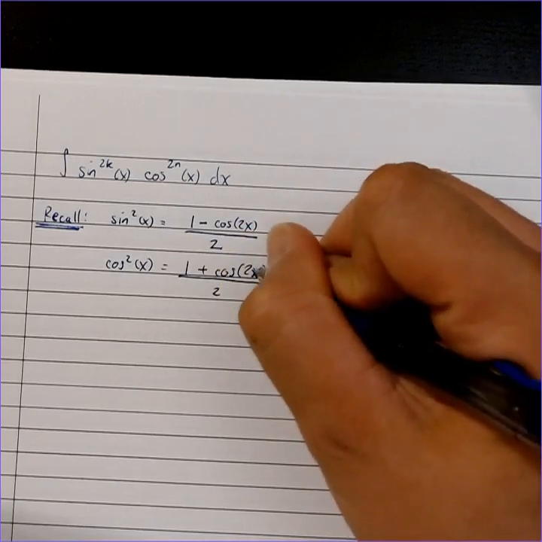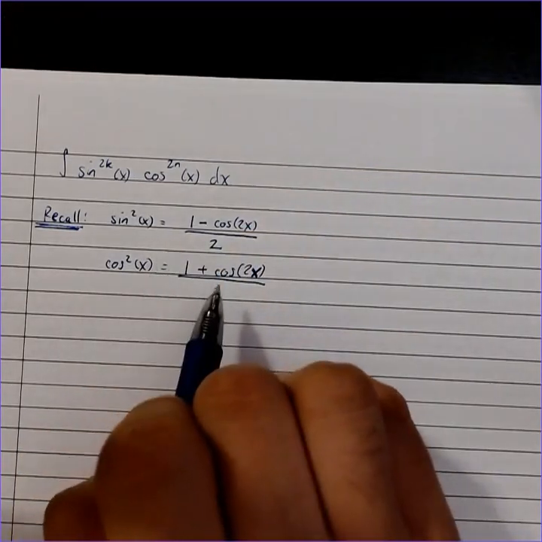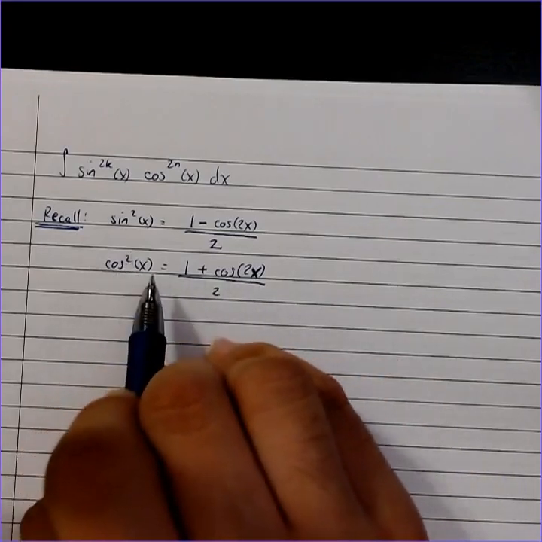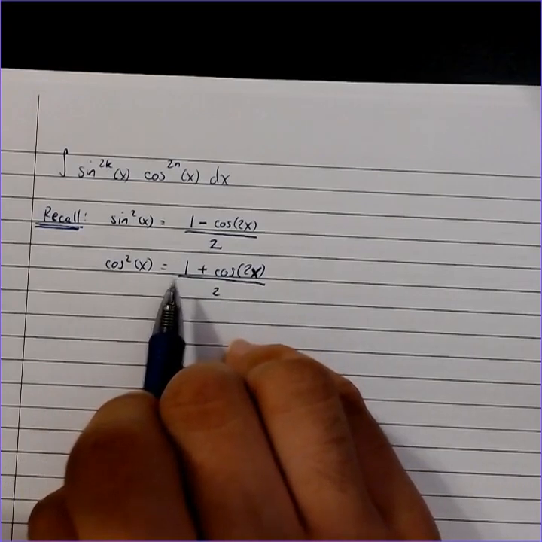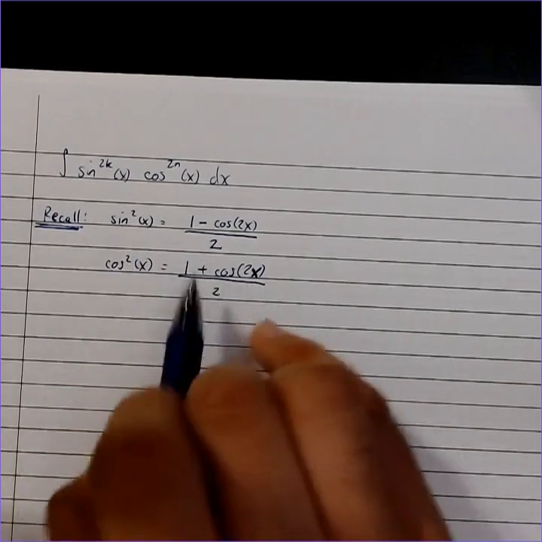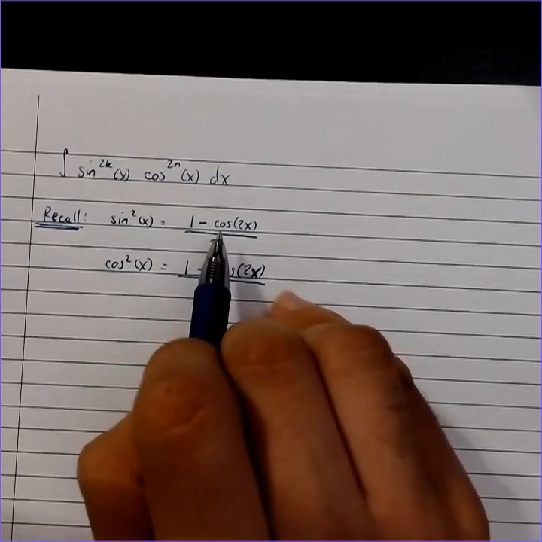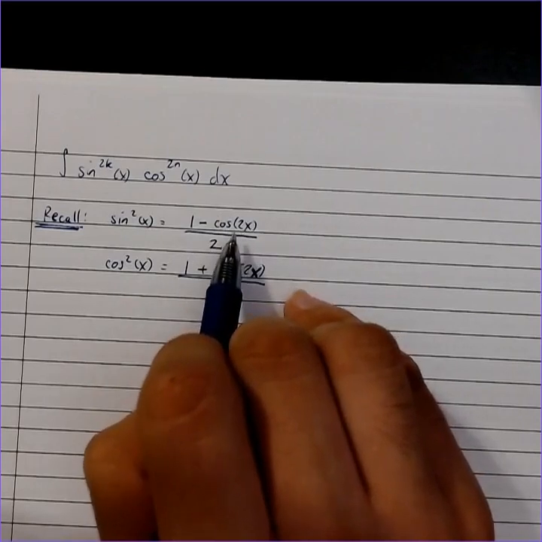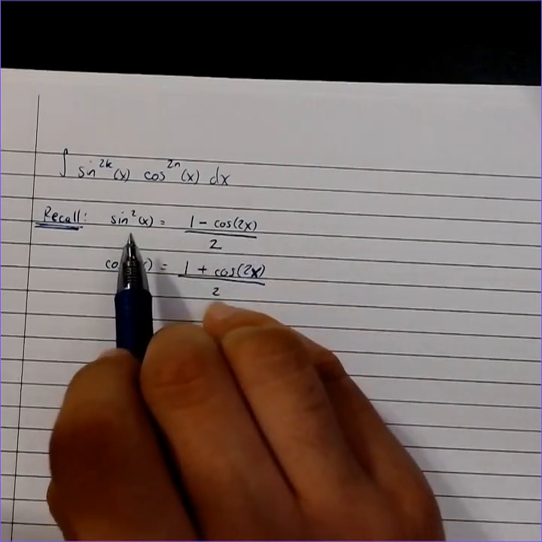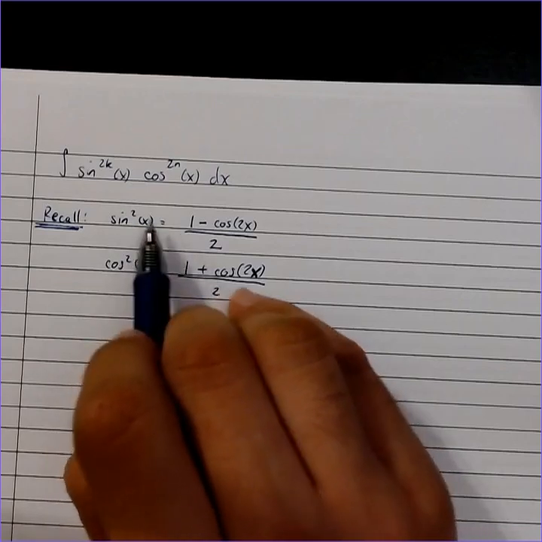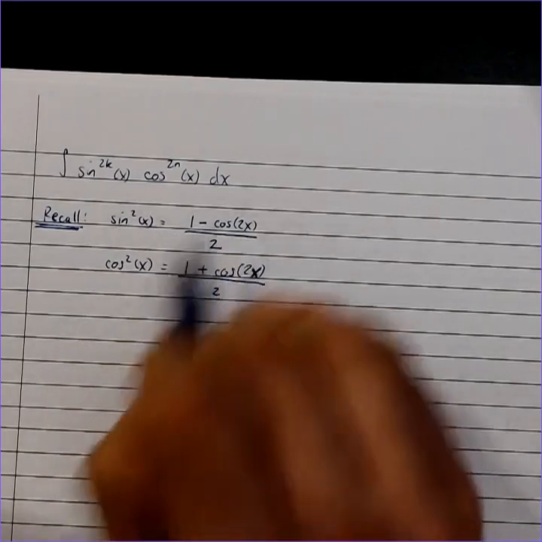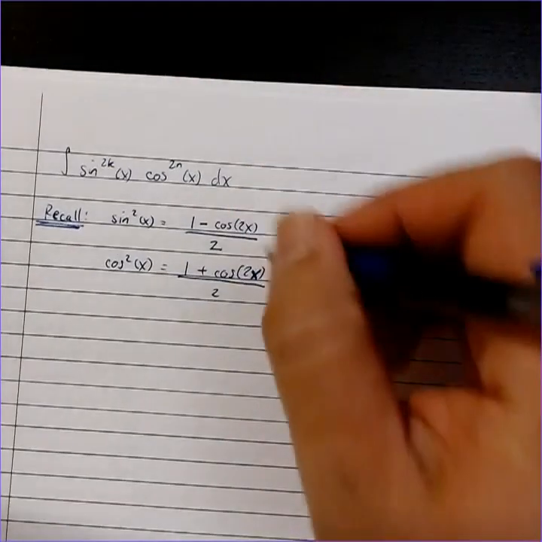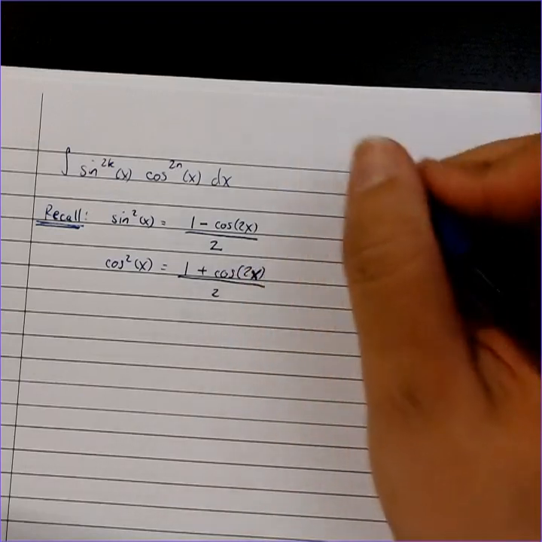These were derived from the double angle formula for cosine of 2x. Cosine of 2x is equal to 2 cosine squared of x minus 1. So if you solve for the cosine squared of x, you get this formula here. An equivalent version of the double angle formula is cosine of 2x equals 1 minus 2 sine squared of x. And if you solve for sine squared of x, you end up with this formula. These are the power reduction formulas, and they really are just the double angle formulas reformulated a bit.